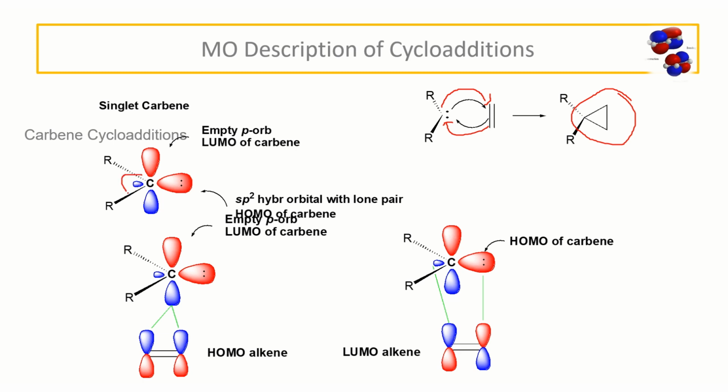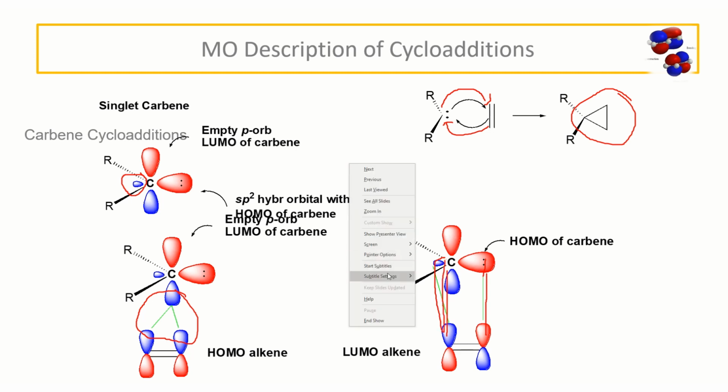This vestigial nipple that we thought was vestigial back when we did our basic organic chemistry becomes significant later, because now you can see HOMO reacts with LUMO here, symmetry allowed, and there's a direct symmetry between the HOMO of the carbene and the LUMO of the alkene. So we have this sort of synergistic relationship.